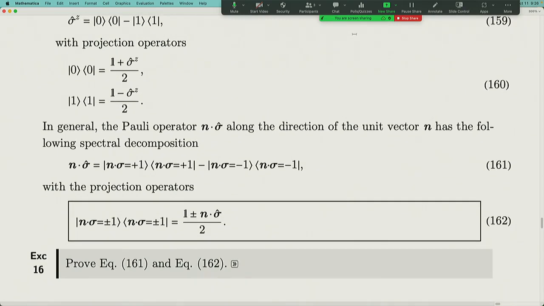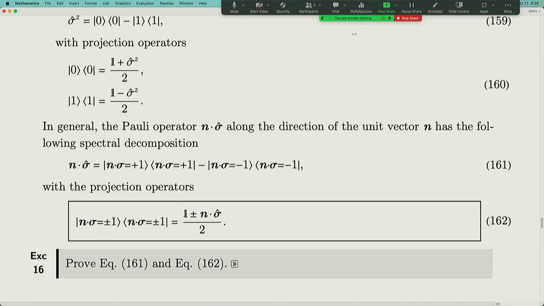These are all trivial because x, y, z, these Pauli operators, you can diagonalize easily. But it becomes more and more useful when we talk about a generic Pauli operator, which is a linear superposition of sigma x, sigma y, sigma z.